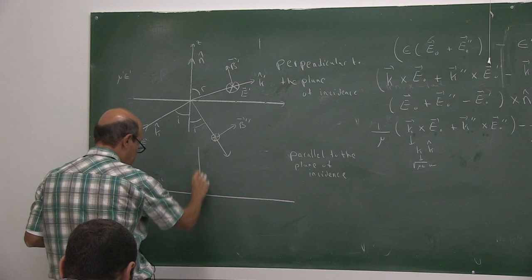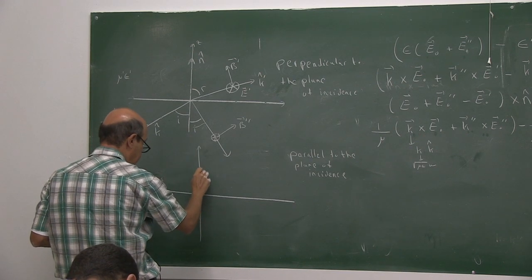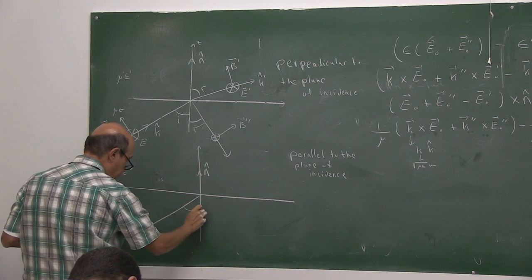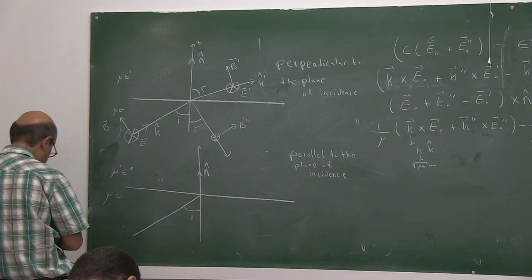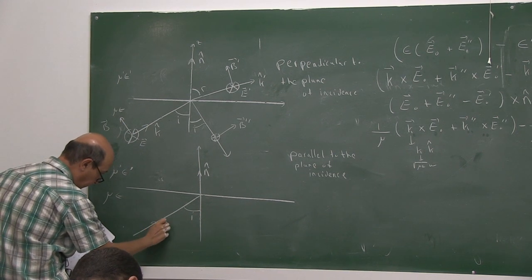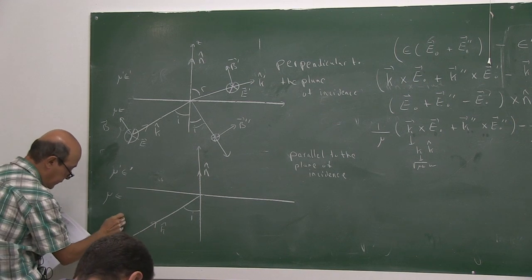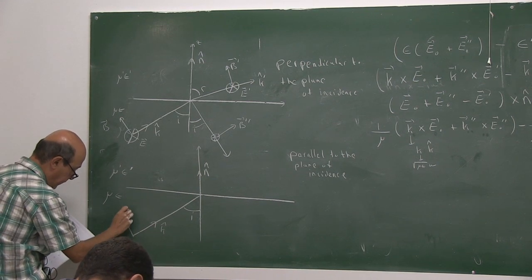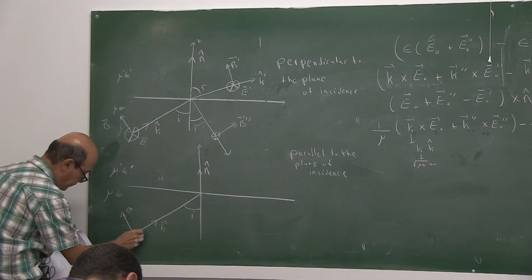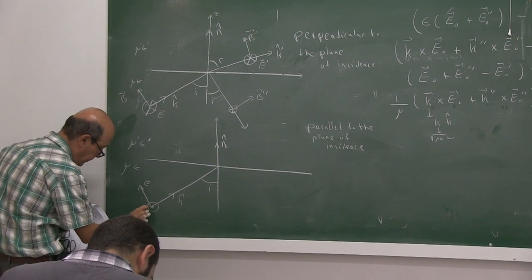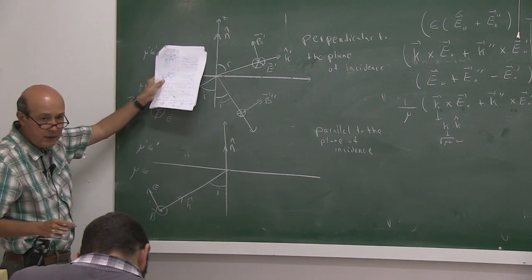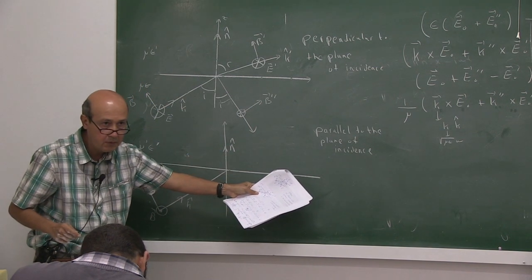So this is Z, let's say n again, and we have an incoming wave I. Then in that case, this should be the K again, and the electric field is parallel to the plane of incidence. Let's say from the orthogonality of 3 vectors, B is out. Okay, now this is one polarization mode, this is another polarization mode.